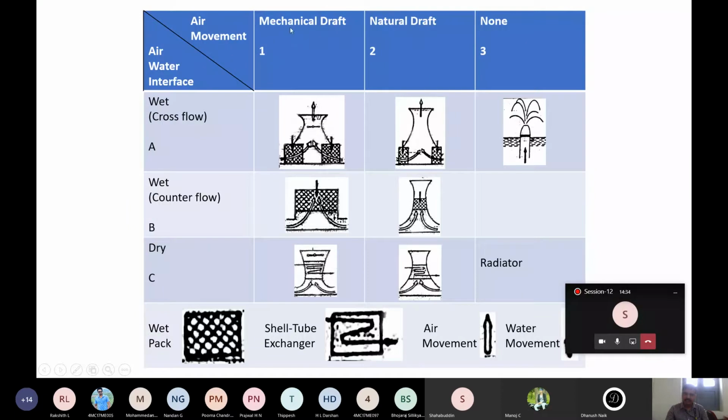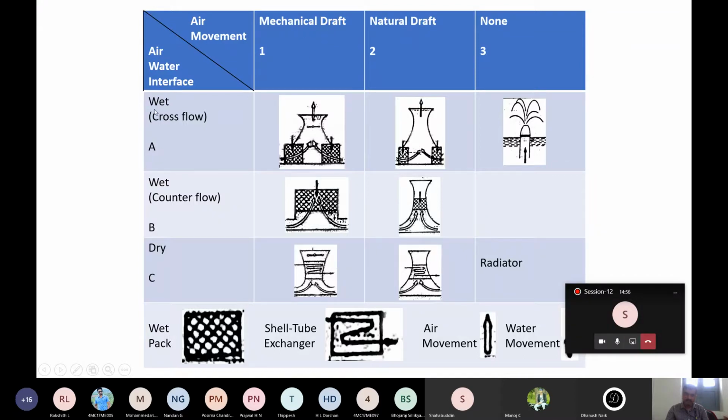So it is a mechanical draft. Why it is mechanical draft: in this cooling arrangement you are making use of a fan, an external or mechanical device, to create pressure difference inside this cooling tower. That's why it is a mechanical draft.